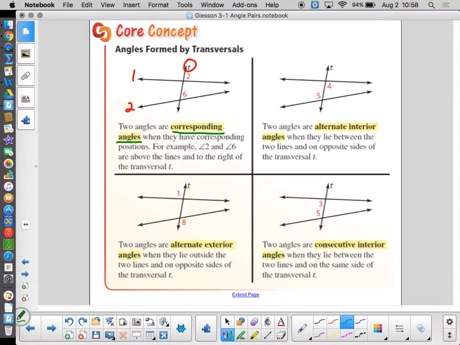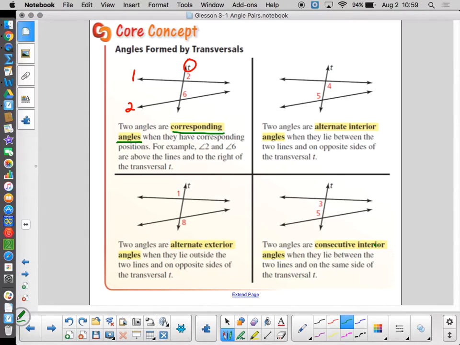Now, we're going to get a lot of words that begin with the letter C: corresponding, congruent, consecutive, interior. That's going to be coming up in just a second. We already have complementary. So we've got to work on our vocabulary here and make sure we understand it. The next name, alternate interior angles.